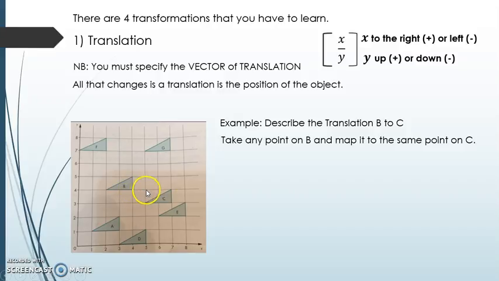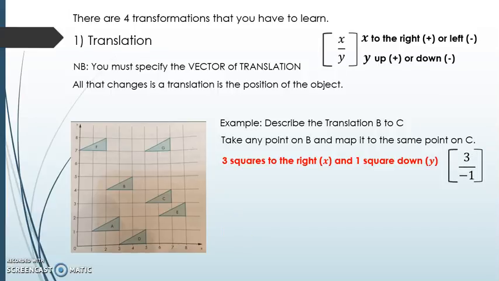Well, we go 1, 2, 3 squares to the right and 1 square down. So 3 squares to the right will be x, and it will be positive, and 1 square down will be the y, and it will be negative because we're going down. So the vector will be positive 3 and negative 1, the 3 being the x, the minus 1 being the y.